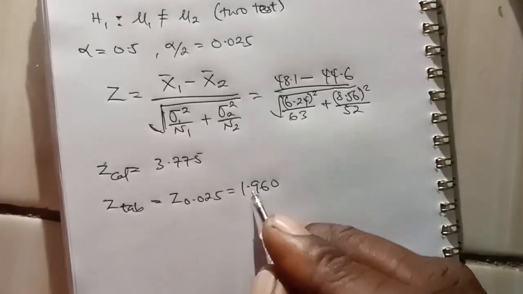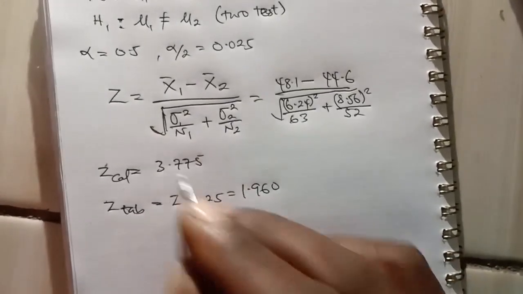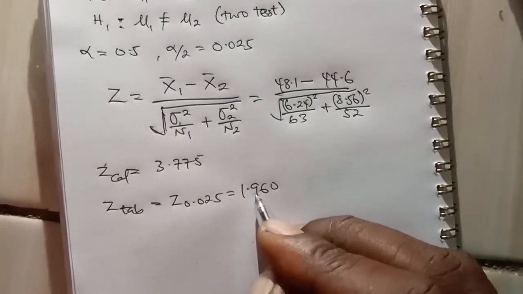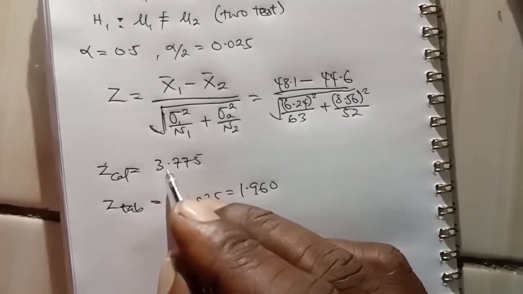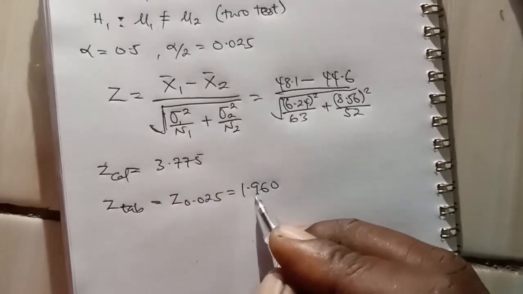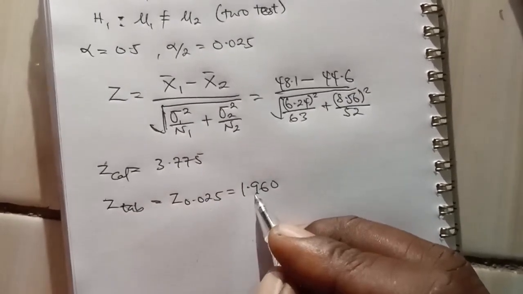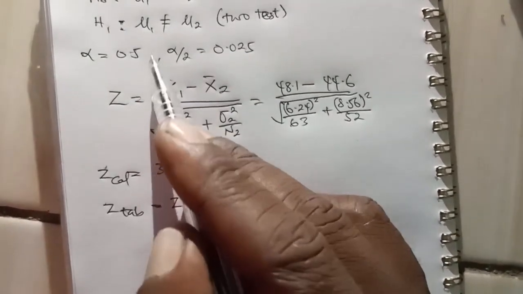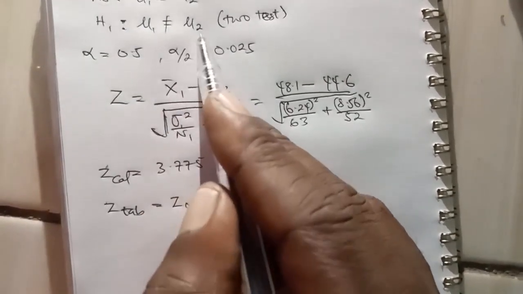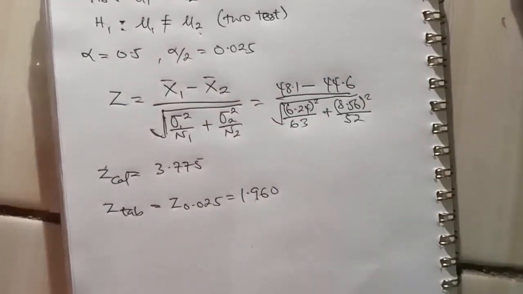This is greater than this, and whenever calculated value is greater than tabulated value, we reject H0. So we say, since z calculated is greater than z tabulated, we reject H0 and accept H1, and therefore conclude that mu1 is not equal to mu2. That's how to write the conclusion.